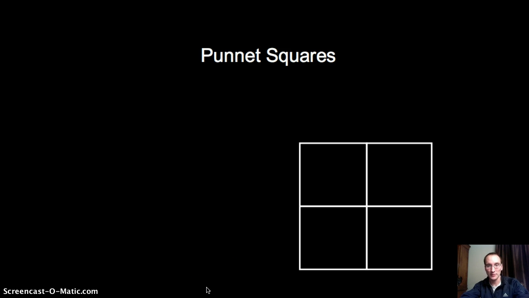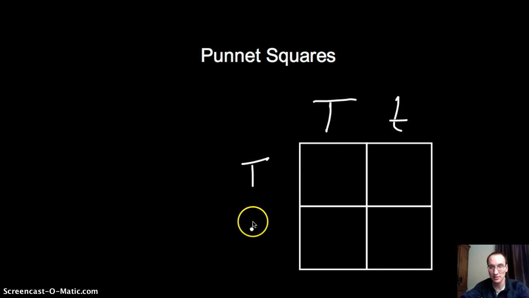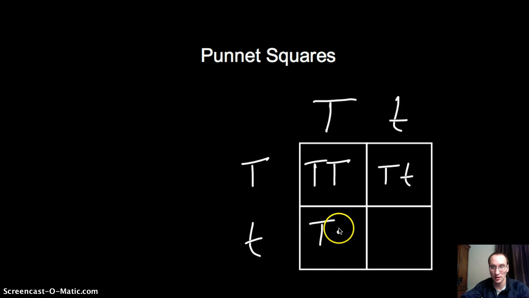And I basically did the exact same thing you're going to do with Punnett squares, only now we're going to say big T, little t, and I'm going to put the gametes to the side. And then the boxes are going to show the different probabilities of fertilization. So I know that it has a 1/4 chance of being homozygous dominant, a 50% chance of being heterozygous dominant, and then finally it can be homozygous recessive.